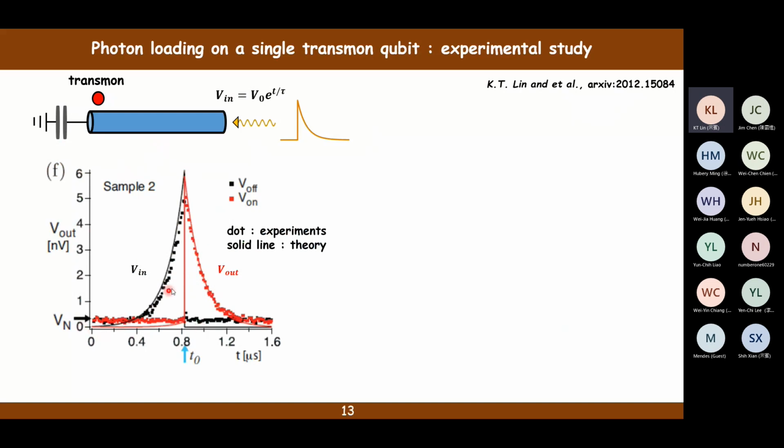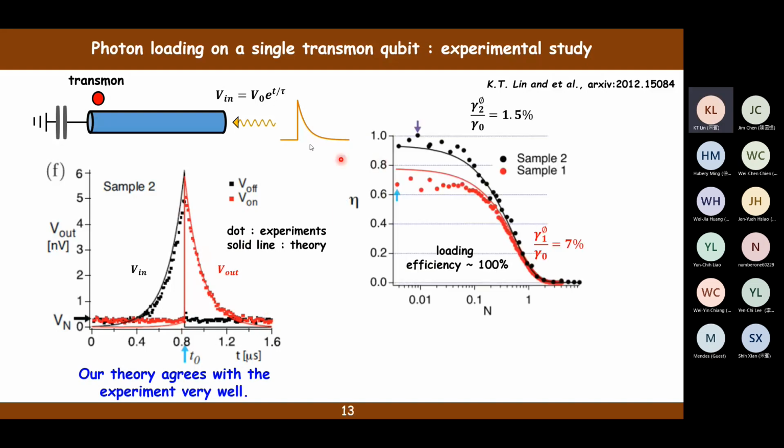Here, the dots stand for the experimental results, the solid line stands for our theory, the black line is the exponential rising input, and the red one is our output signal. The first thing is that our theory agrees with the experiment very well. Besides that, we also measured the loading efficiency of such an input pulse. Under some conditions, we can have nearly 100% loading efficiency. So we have the ability to tackle this kind of question.